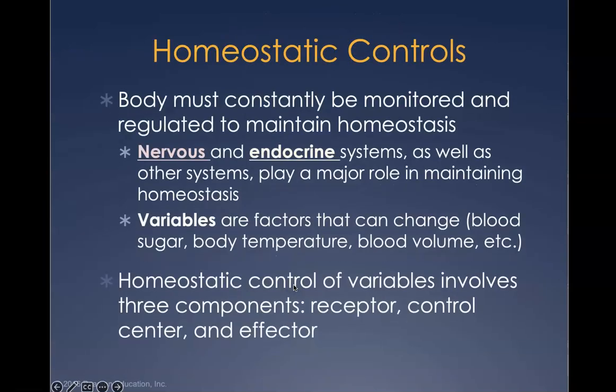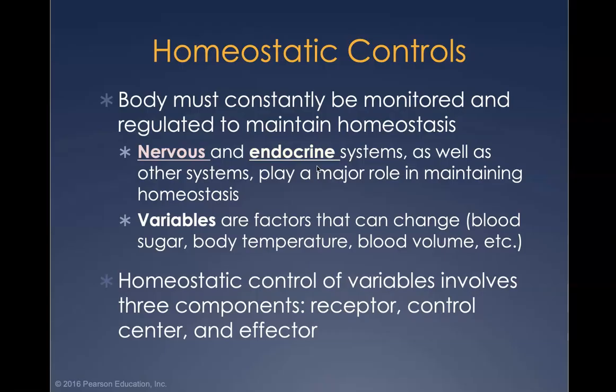So let's talk about some of these homeostatic controls. When we talk about regulating homeostasis, our two major systems for regulating homeostasis are going to be the nervous system and the endocrine system. So these are our major regulatory systems. They are really going to play a major role in helping regulate and maintain homeostasis in the body.